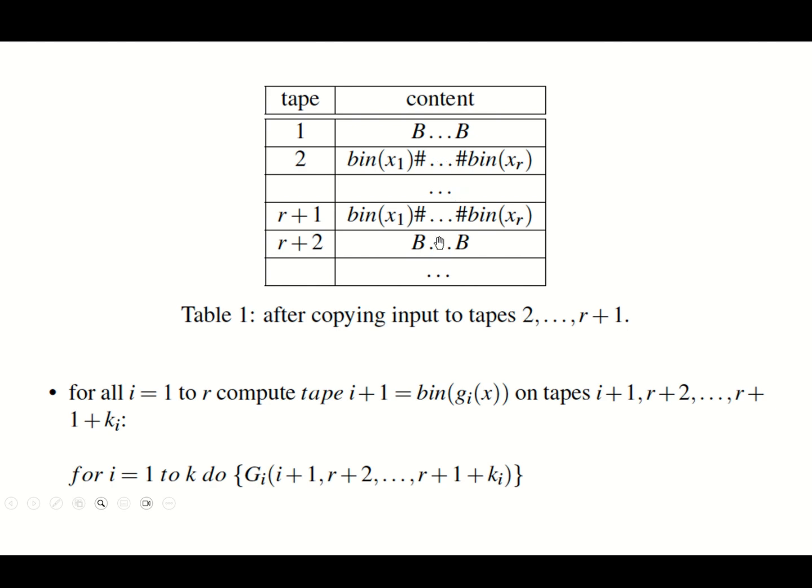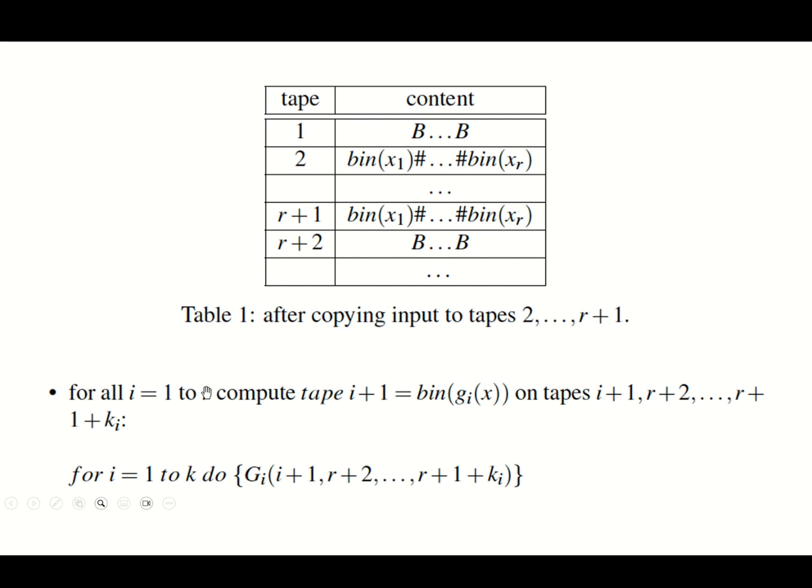So if you think that I have many tapes available here, I compute g1 here just using these tapes, then I compute g2 using these tapes, then g3, and I do it all the way down to here. And so it says for all i from 1 to r, compute gi on tape i plus 1, and I use tape i plus 1 and the tapes starting from here downwards.